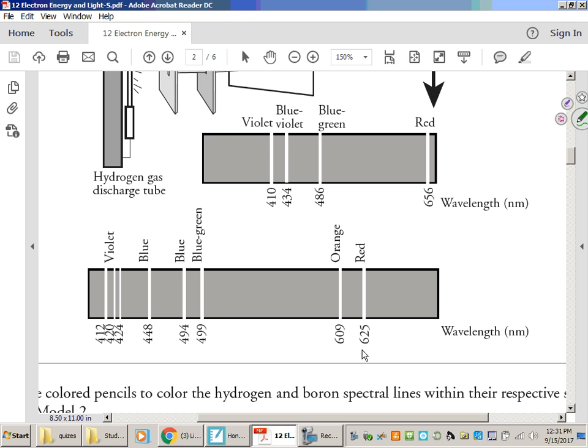Violet is one of the lines, blue violet, blue green, and red. Those are the 4 spectral lines in the hydrogen one. We're going to talk about this some more after you get the hang of the vocabulary.